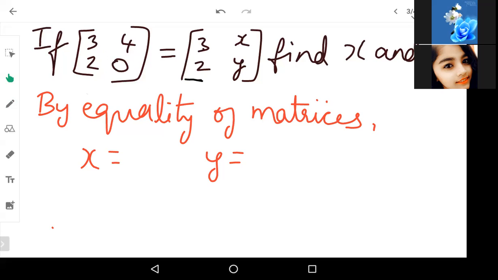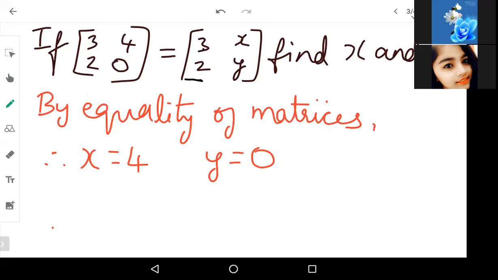So now when I say equality of the matrix, it means both the matrices are same. So in the place of x, there is 4. So I can equate this x to 4. So therefore, x is equal to 4 and then y is equal to 0. Okay. So this is the matrix that we'll have to find.